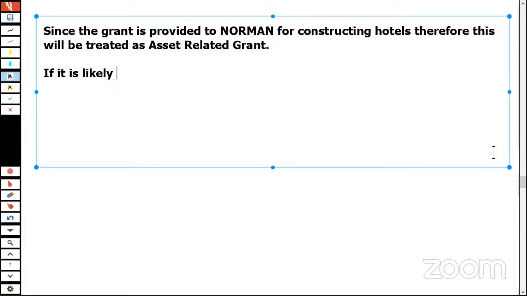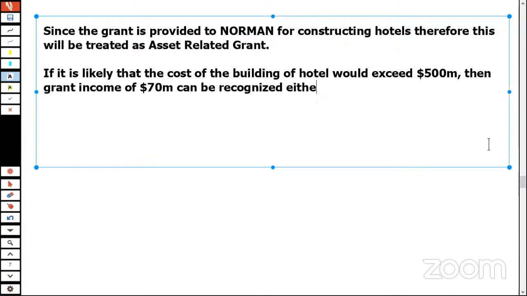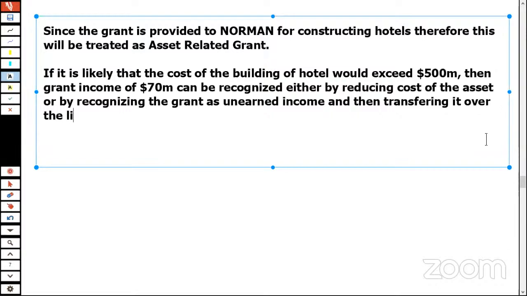If it is likely that the cost of the building of the hotel would exceed this $500 million, then grant income of $70 million can be recognized either by reducing the cost of the asset or by recognizing the grant as unearned income and then transferring it over the life of the building to P&L as income.